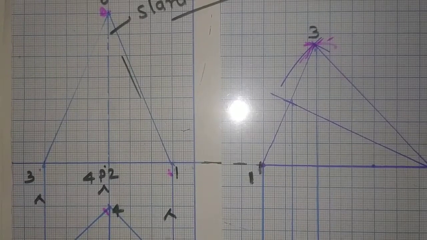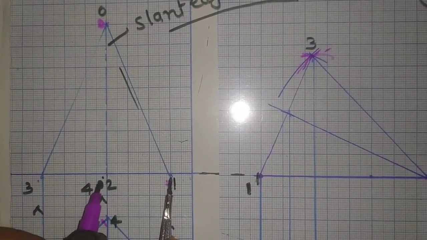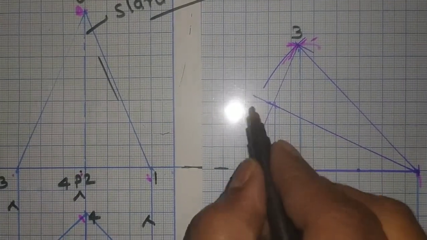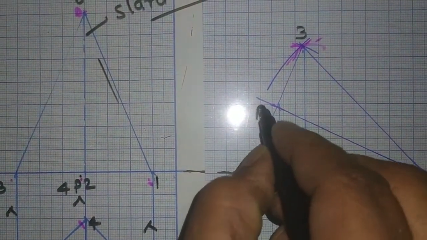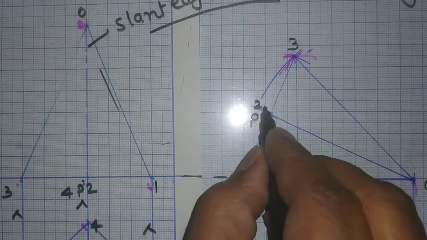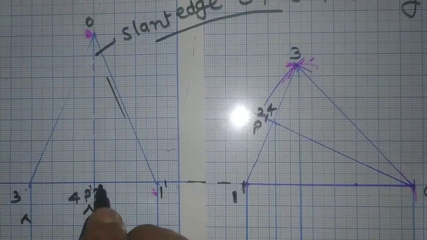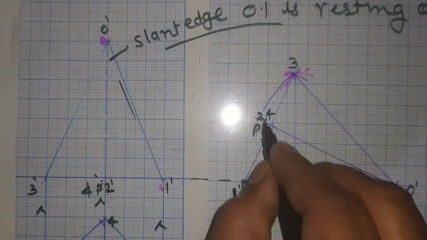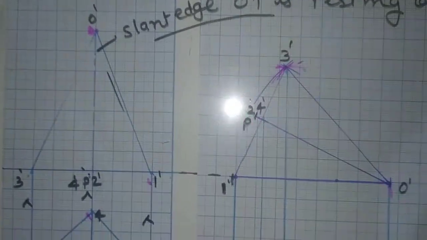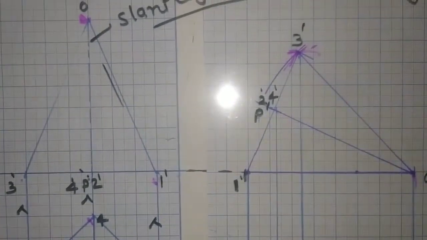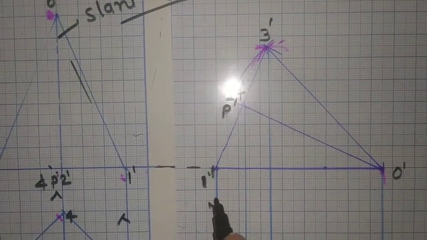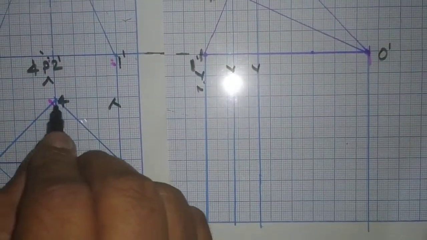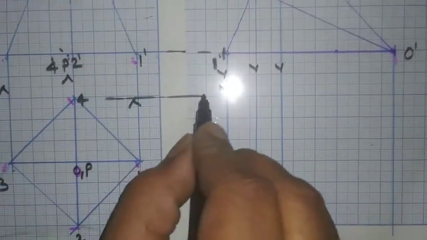Complete the triangle. Now take the distance from 1 to the center point, point P, and 2 and 4. Here all are dashed. 2, 1, 4, 1. Project the line in the downward direction. Also project this line in this direction.